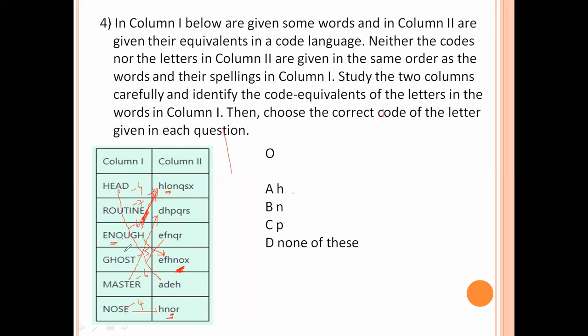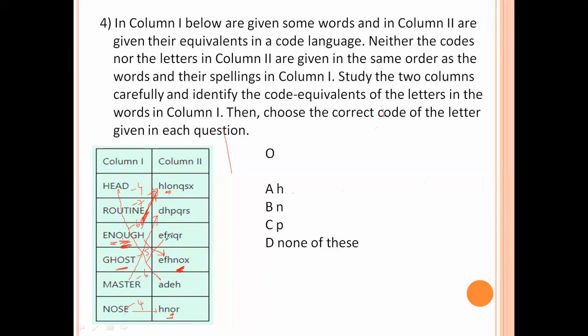Now ghost and NF, we observe that. Ghost O G common. Ghost code is EFNQR. NF is EFHNOX.